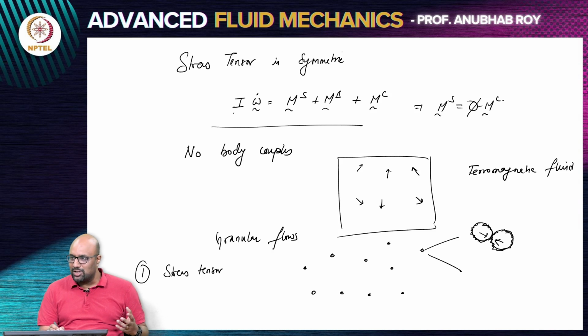In a mathematical sense, it's a mapping of the normal at any point on a surface to the corresponding surface force. Because for any arbitrary surface, there will always be a unique normal at a point on the surface, if you are thinking of simple, orientable surfaces, and at that point you will have a corresponding force. So the stress tensor gives you a way of relating that surface normal to the traction vector.